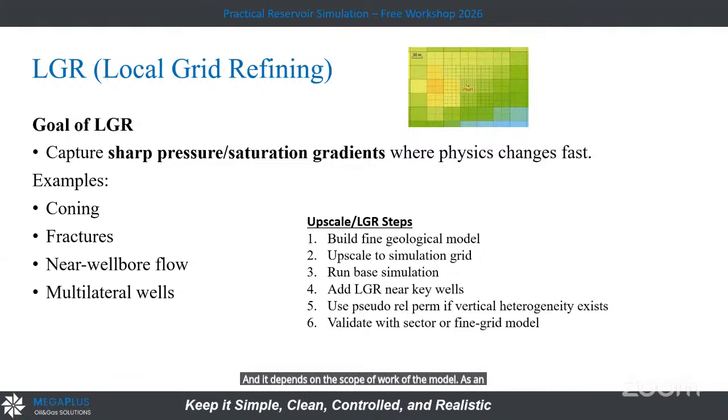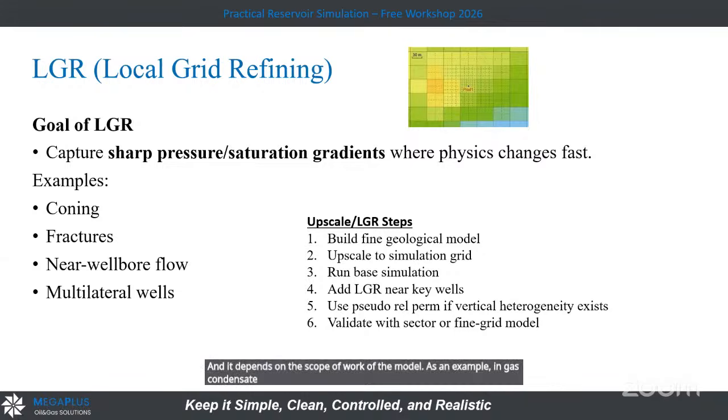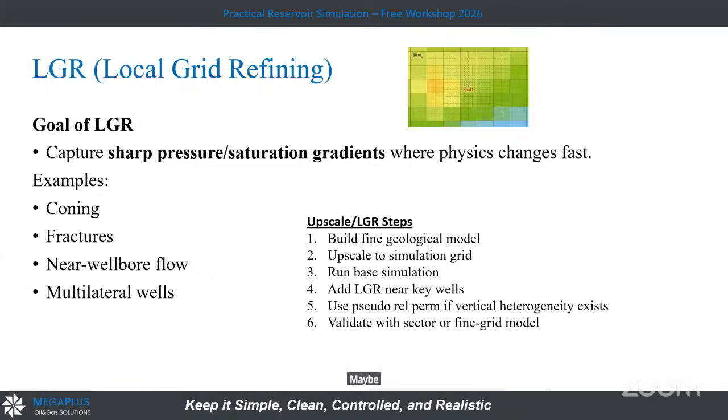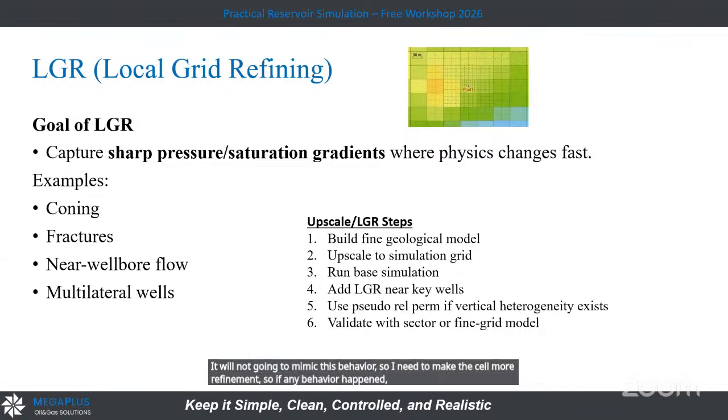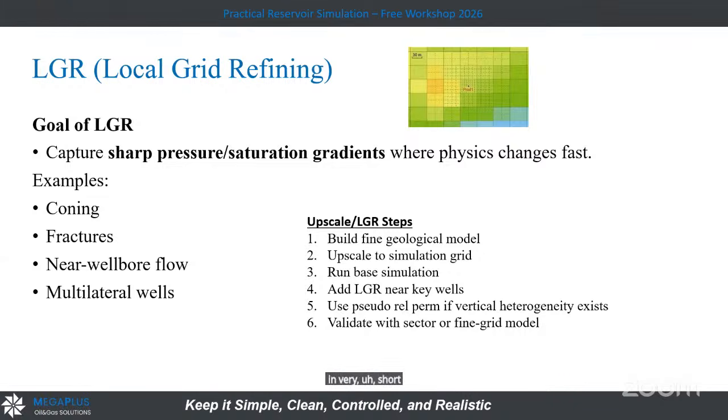As an example, in gas condensate reservoirs, nearby the well bore, maybe condensation happens. So if I have very big cells, it will not mimic this behavior. So I need to make the cells more refined. So if any behavior happens in a very short distance around the well bore, I need to simulate it.